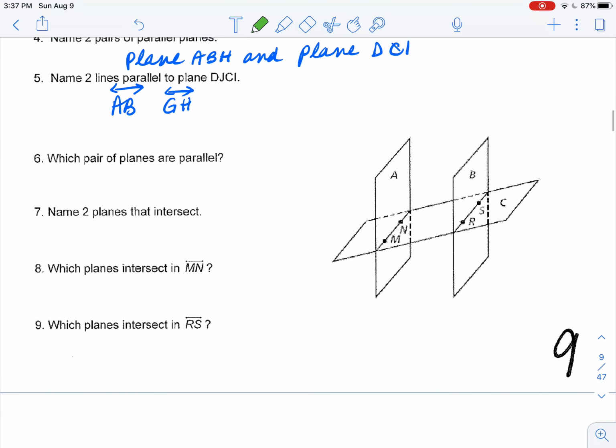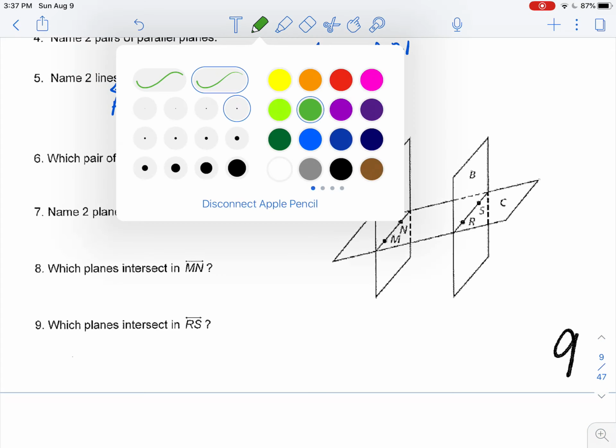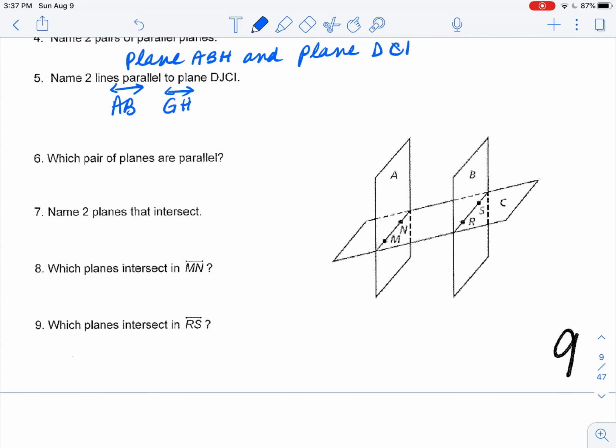Number 6, which pair of planes are parallel? Well, planes are identified with capital script letters, so we could say plane A and plane B. Name two planes that intersect. Intersecting at a line, how about A and C? Or we could also say B and C. Which planes intersect in segment MN?